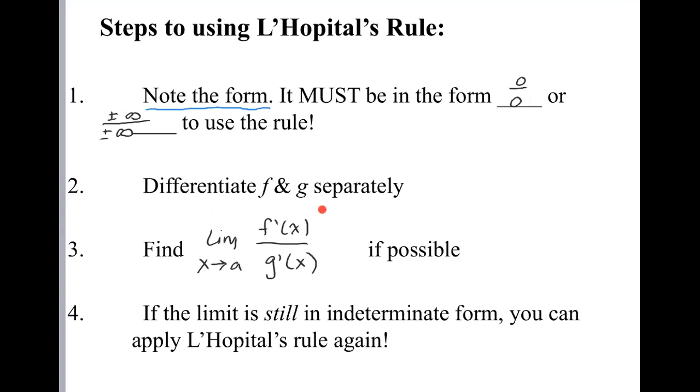It will not always be possible, but we do have the option, if the limit is still in indeterminate form after we apply L'Hopital's rule once, to apply it again and again and again, as long as the function that we come up with is in one of those indeterminate forms, 0 over 0, or some form of infinity over some form of infinity, we can still apply L'Hopital's rule.